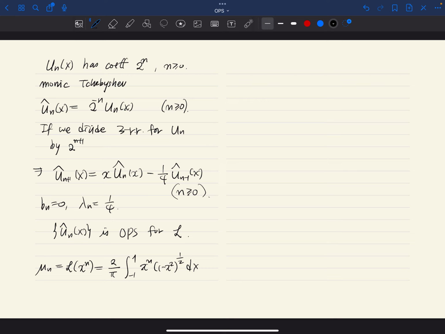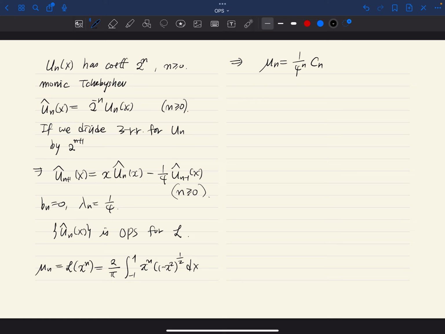If you compute this, this is just an integral, so we can compute it using just your knowledge of calculus. Then you get mu_n is actually 1 over 4 to the n times C_n.